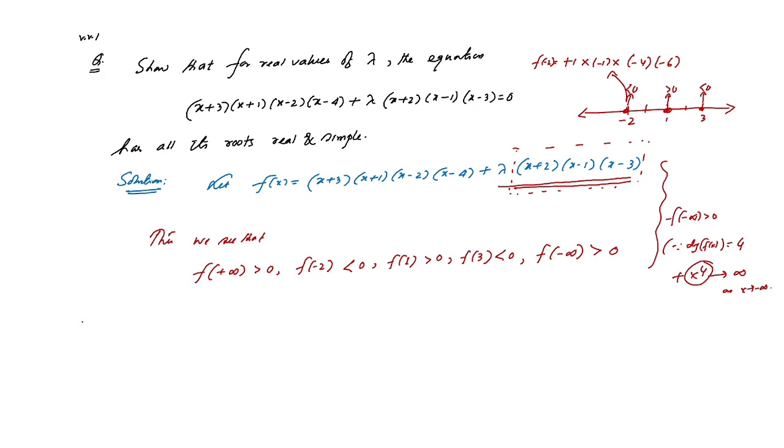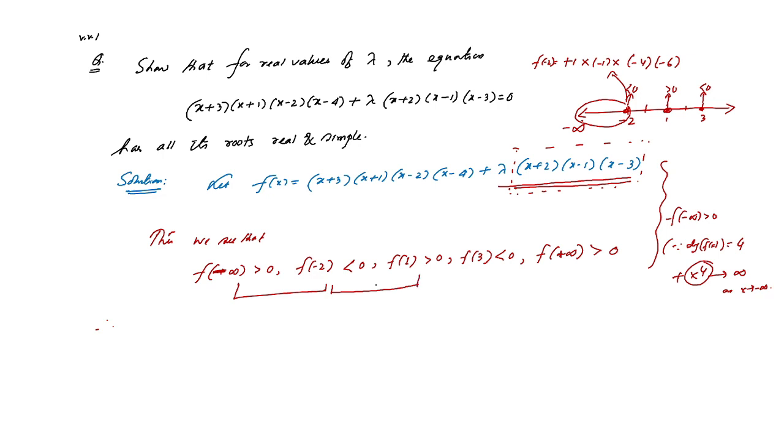So therefore, first think about the interval minus infinity to minus 2. In that interval the product is negative. Here I have minus infinity, here plus infinity. So from minus infinity to minus 2 the product is negative, that means it contains a real root.